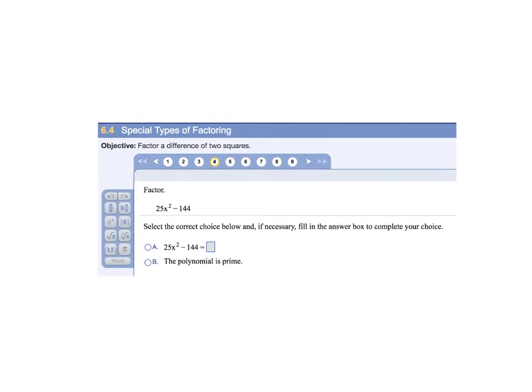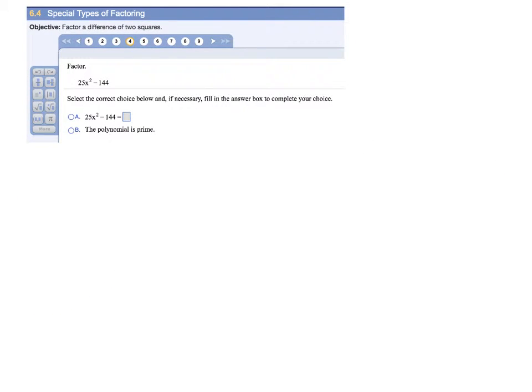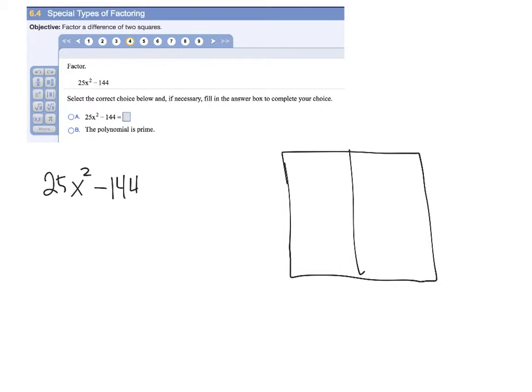So again, difference of squares, we've got 25x squared minus 144. So here's our box. We're going to put 25x squared here and 144 here.